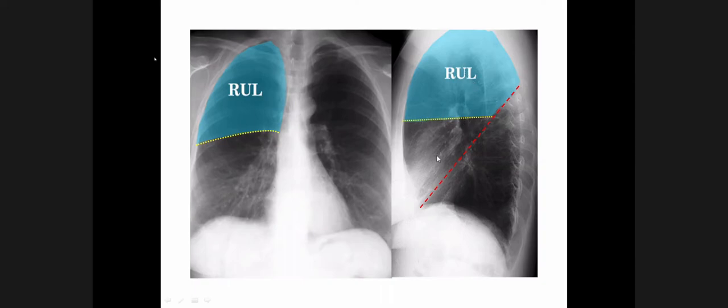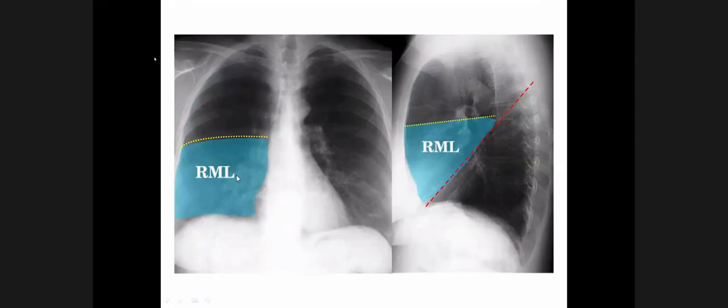This is the upper lobe and this is the middle lobe, as simple as that. If the label is on the right side, the lobe is in the right lung, and it may be upper, middle, or lower. So look at the lateral view. If it is here, this is the lower lobe. If it is here above the minor fissure, this is the upper lobe.